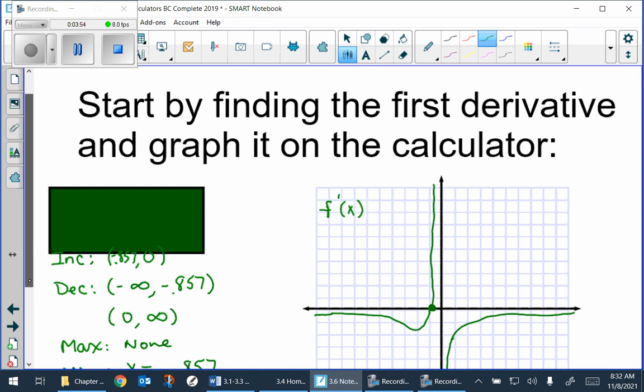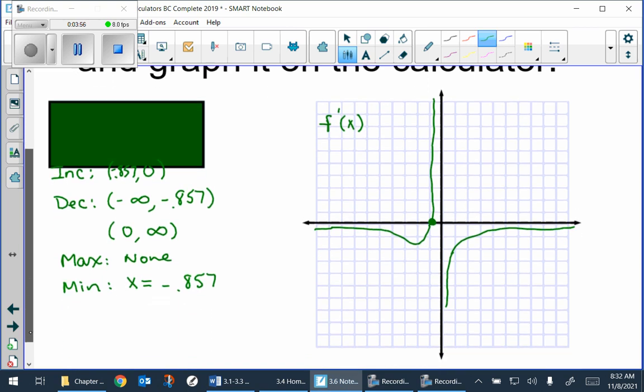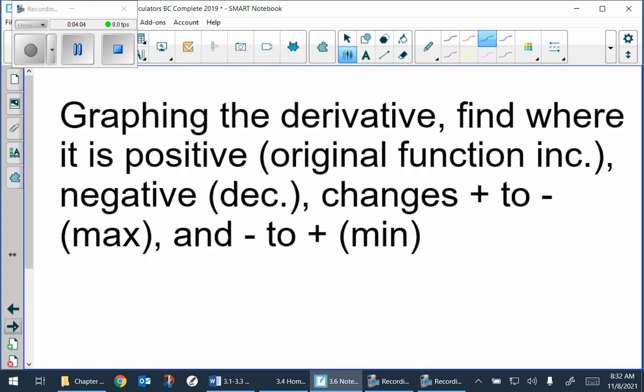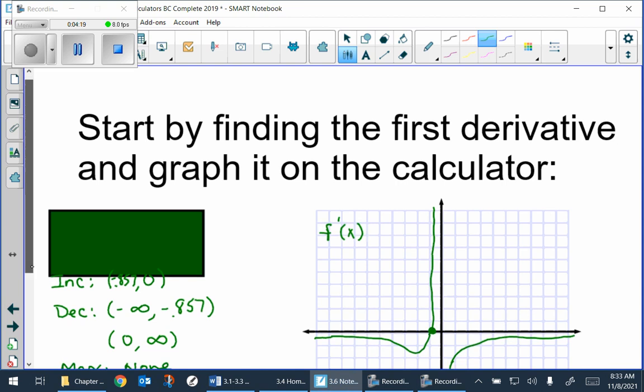All right, so we have found increase, decrease, max, min. Now, what about finding concave up, concave down, points of inflection? Yes, we want to know something about the second derivative, but we are going to focus all of our attention on this first derivative.